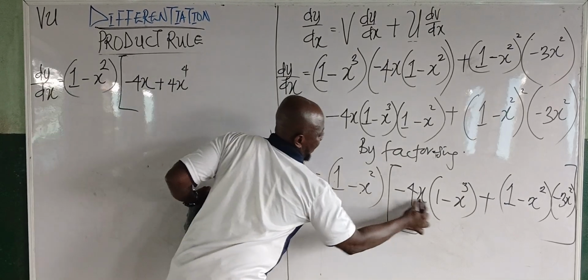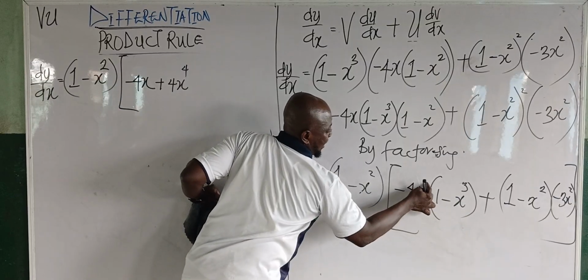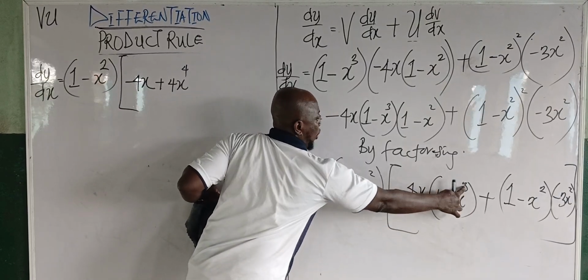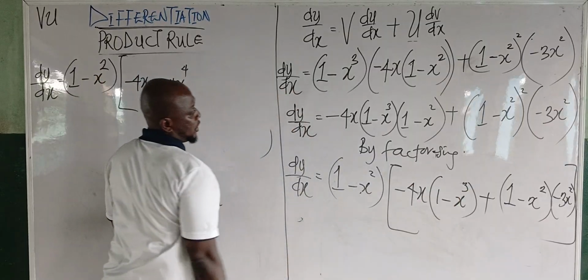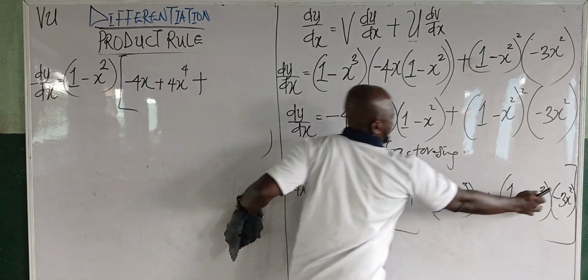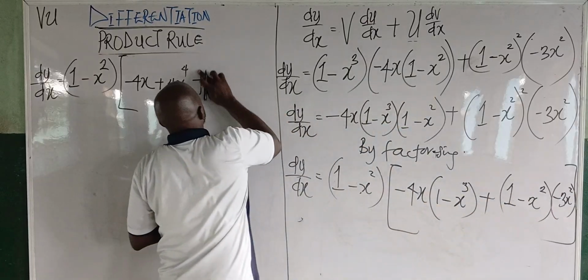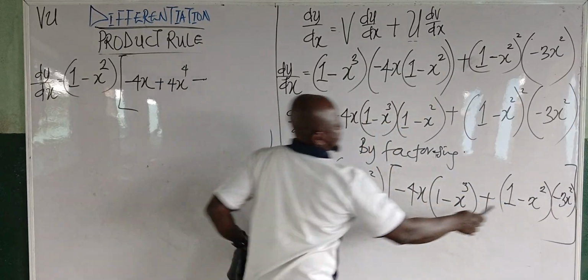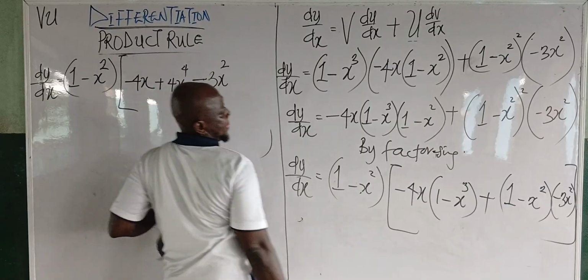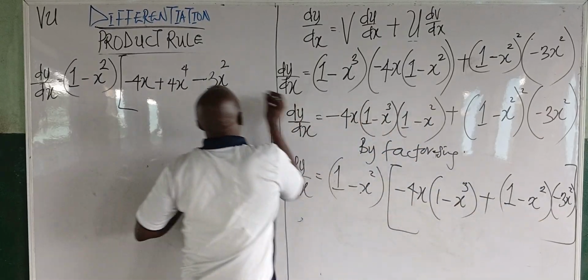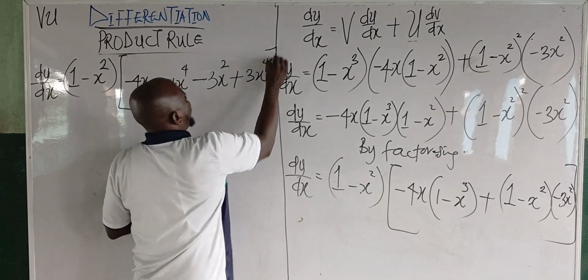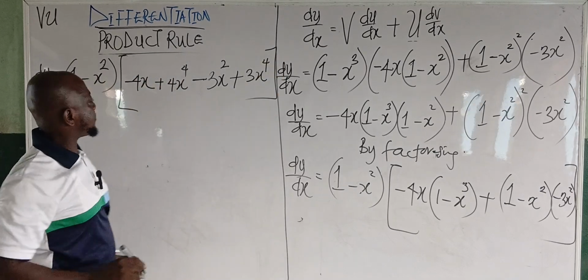This one is power 1. Whenever you are multiplying two variables, the powers add up, so power 1 and this power give us 4. Don't forget that, please. So open the bracket, the minus will affect this one, so here becomes minus. This and this one now will give us 3x squared. Then this and this one will give us plus 3x to the power of 4.